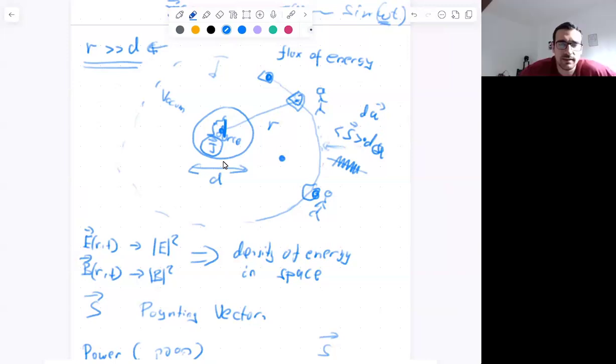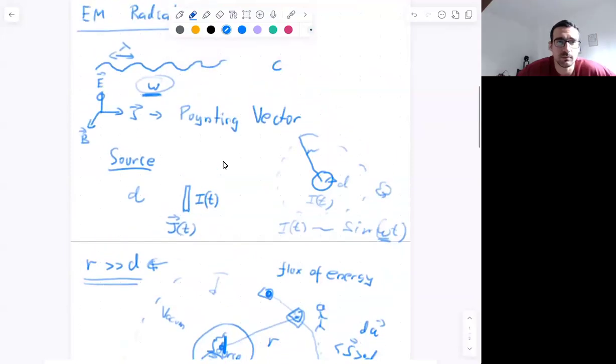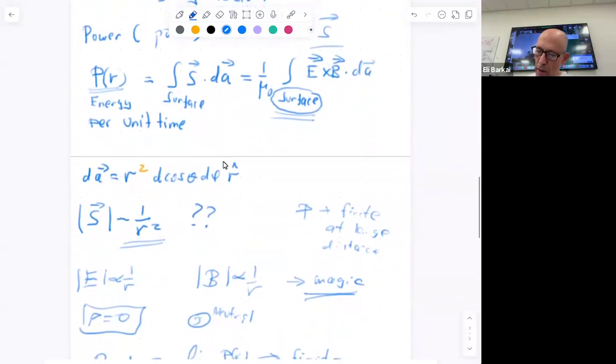But if the Poynting vector is 1 over r to the power of 3, and you put in a big r, it will still be finite. It will be 0, but it will be finite. No, because of this r squared. So r squared times 1 over r cubed is 1 over r. 1 over r is not good. Why not?